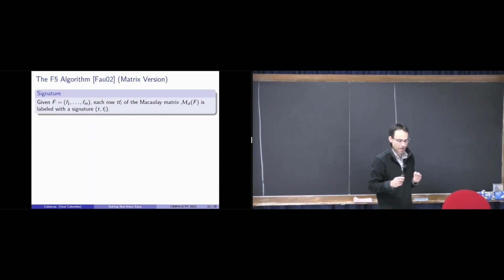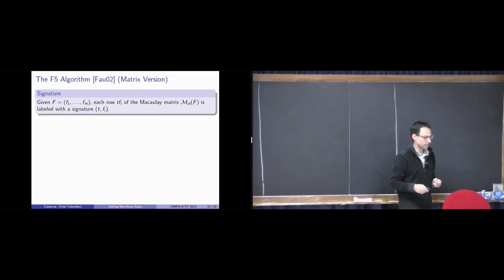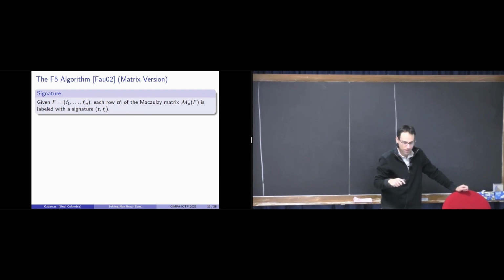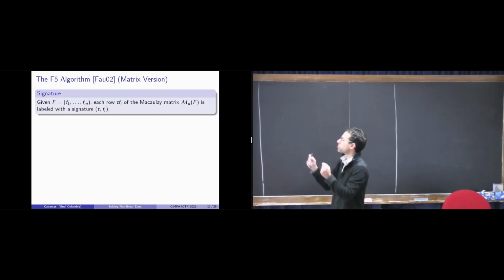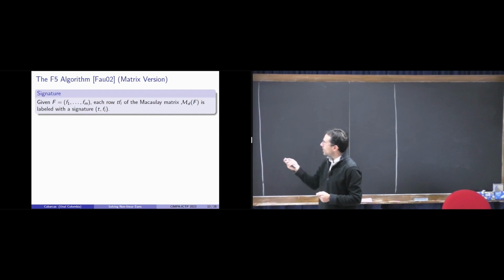I'm going to present it in the matrix version. Here we go. So, given a set of polynomials, actually an n tuple of polynomials f1 through fm, each row of the Macaulay matrix T F_i is labeled with a signature.